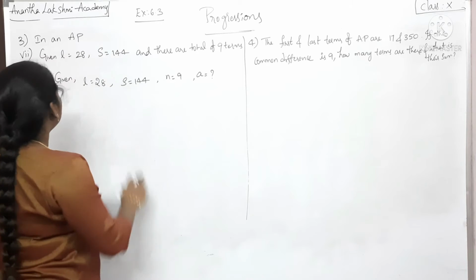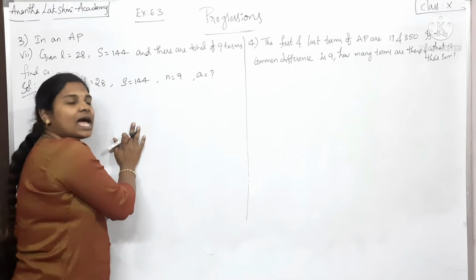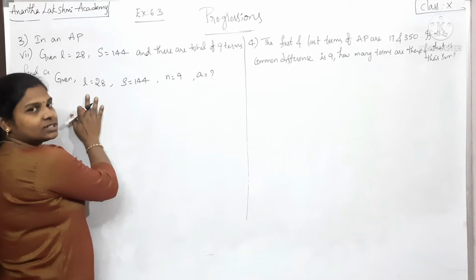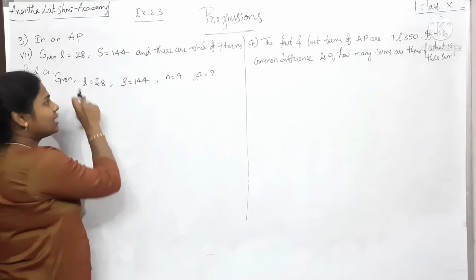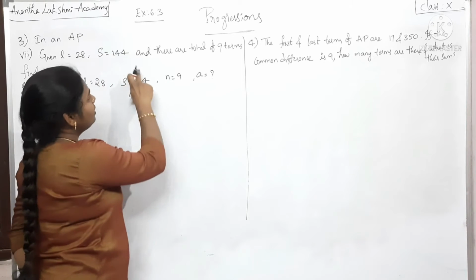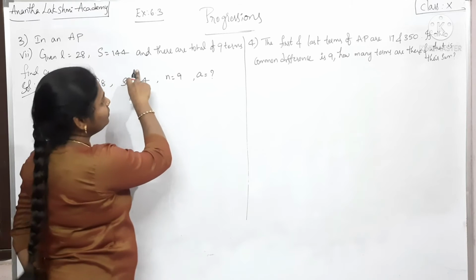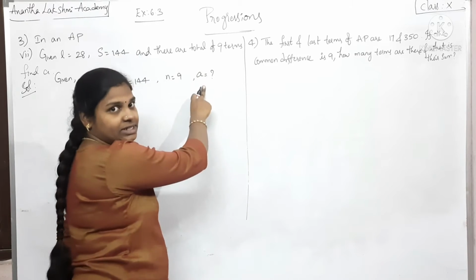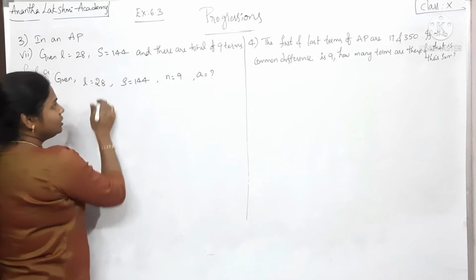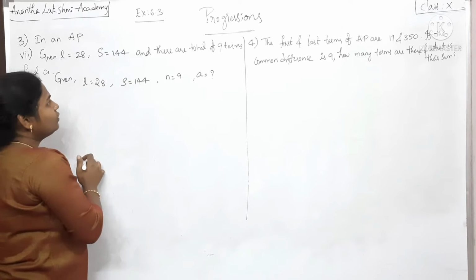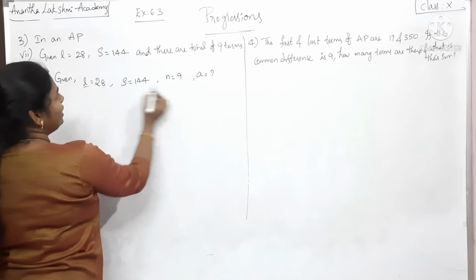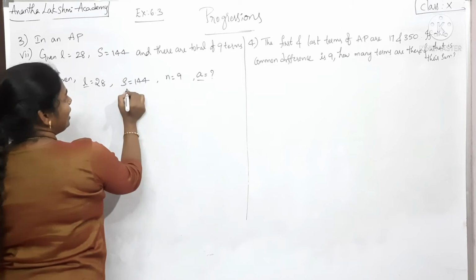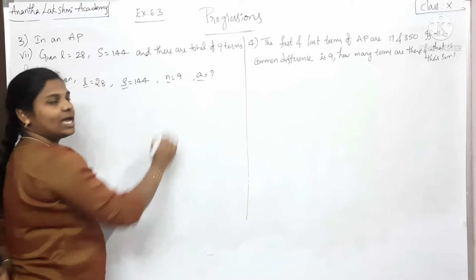Here I am just writing it in the form of notations. You can write it in a far better way, like last term is equal to 28. S is nothing but the sum of terms, n is 9 terms, and a, the first term, is what we need to figure out. So for this, which formula are we going to use? You know l, you have to figure out a, and the sum also, and you also know n.